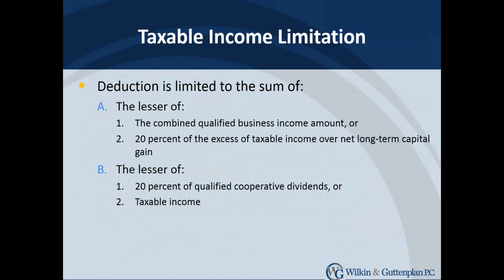So if you have a taxpayer that has significant capital gains income, you're going to have to reduce your taxable income and take 20% of that and compare it to your qualified business income deduction that you calculated already, and whichever one is lower is what you get to deduct. And then you add to that the lesser of 20% of your qualified cooperative dividends, or the same taxable income limitation that was imposed on the first leg of this test. We don't see too many qualified cooperative dividends in the real estate realm, but just keep that in mind. If you have any, you still could get 20% of those dividends as a deduction as well.